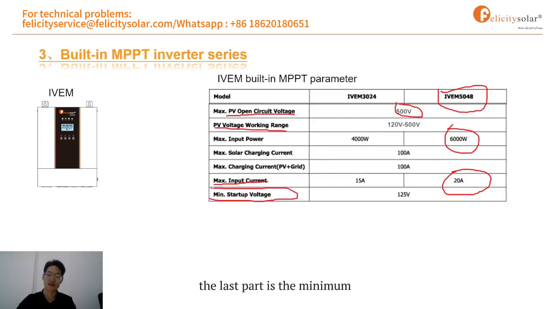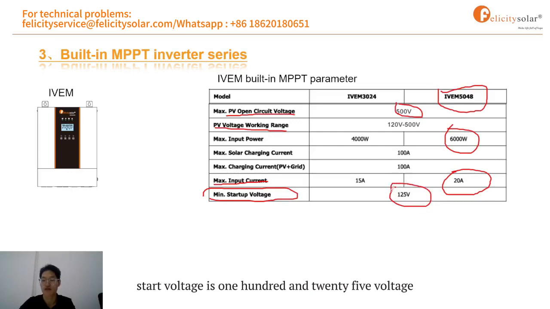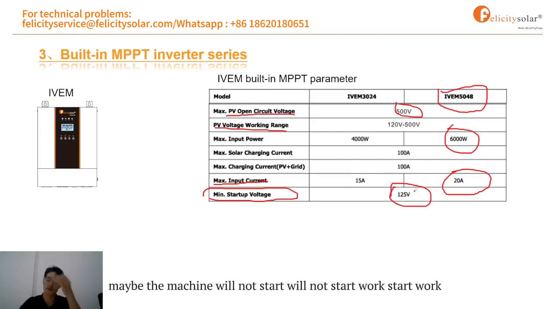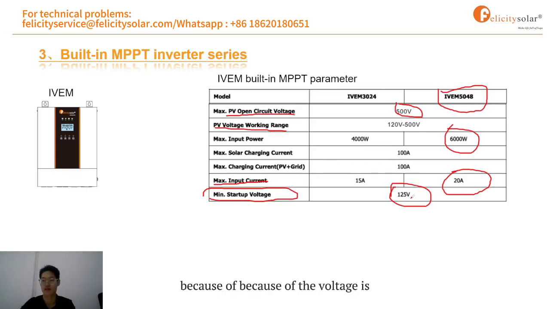The last part is the minimum start voltage, which is 125 voltage. This voltage is high. So, for example, on a rainy day or in the early morning, maybe the machine will not start work because the voltage is lower than 125. When you face this condition, don't worry, it is normal.